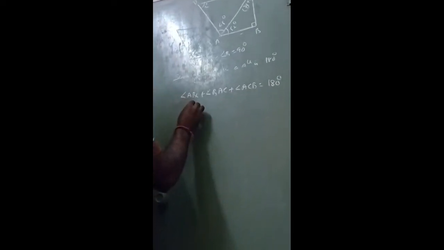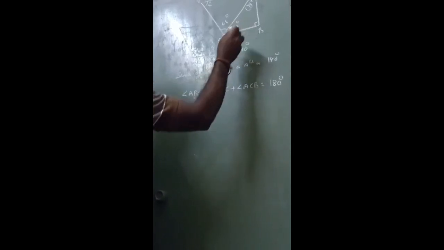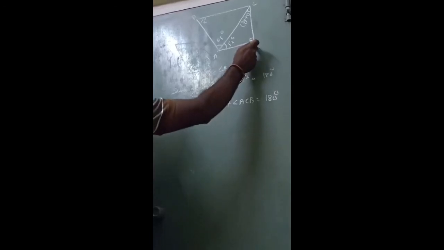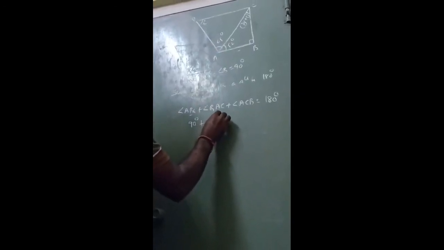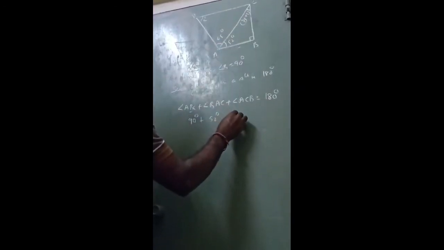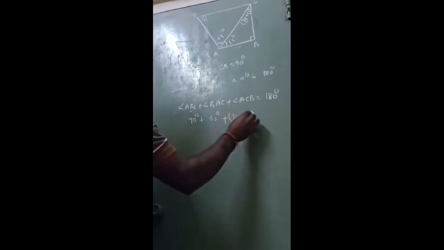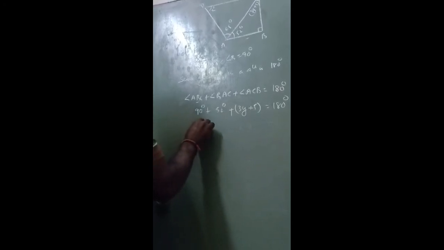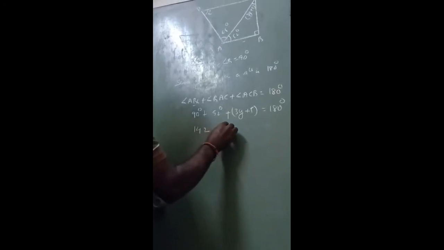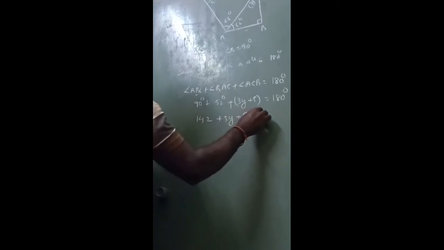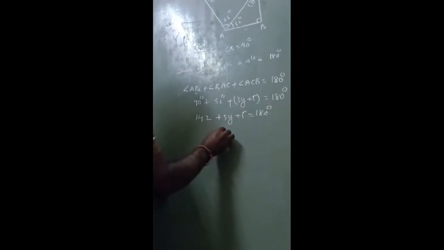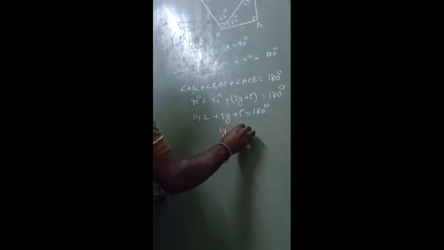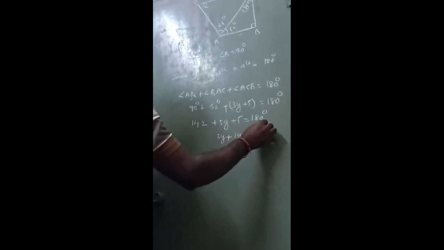Angle ABC is 90 degrees, plus angle BAC, 52 degrees, plus 3y plus 5 degrees is equal to 180 degrees. So 90 plus 52 is equal to 142, plus 3y plus 5 is equal to 180. So 3y plus 147 is equal to 180 degrees.